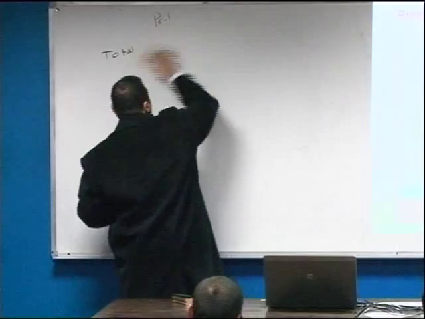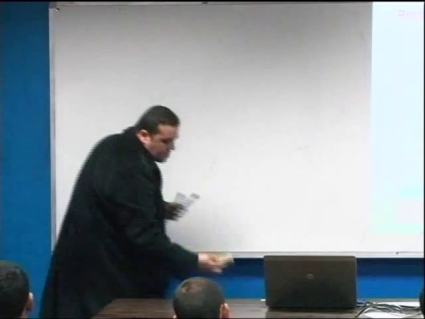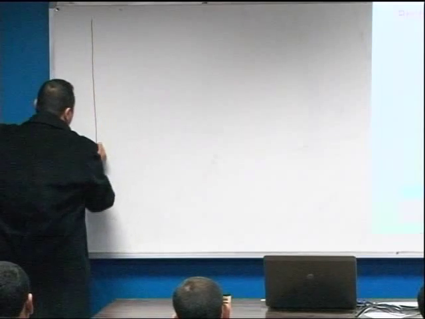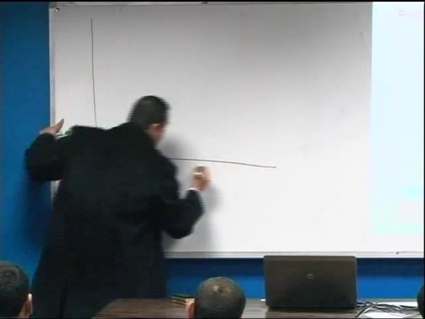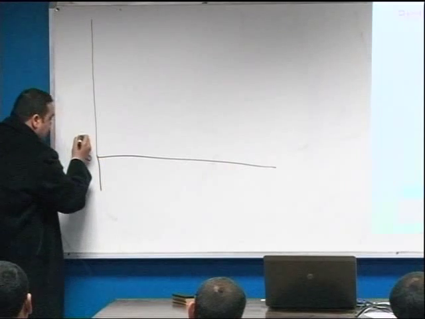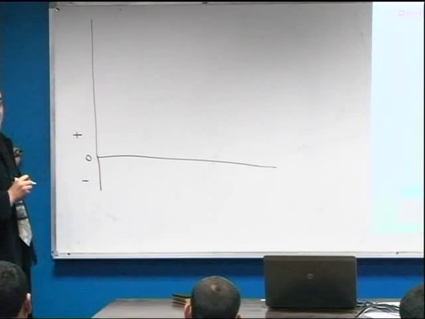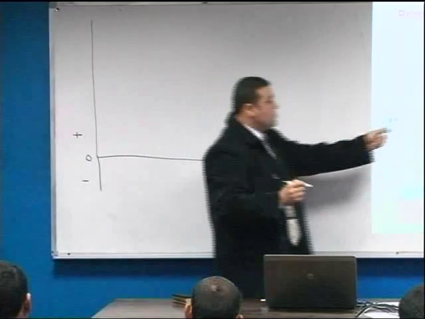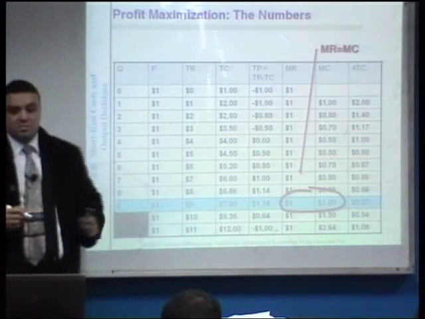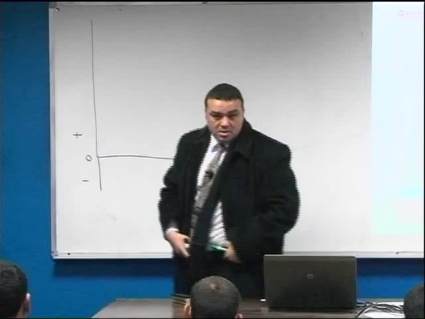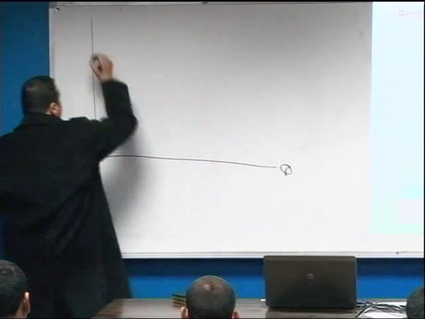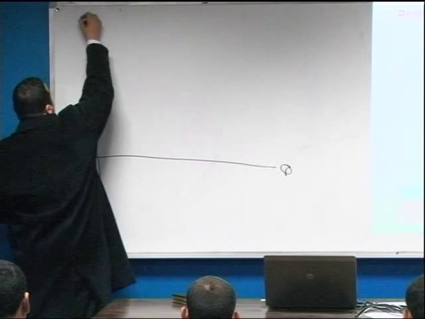If we do the total revenue, this is the 0, the negative and the positive. The total revenue starts from 0 at the quantities 0, 1, 2, 3. So this is the quantity and this is the total revenue.